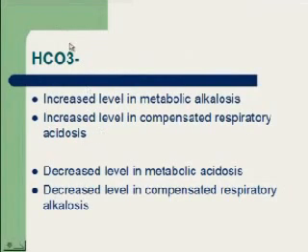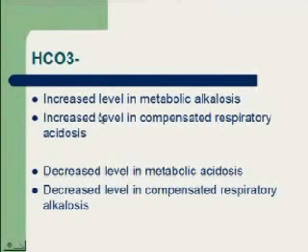Now, bicarbonate is increased in metabolic alkalosis. So pH levels that are elevated, in other words greater than 7.45, typically have high levels of bicarbonate. The increased level is compensated by respiratory acidosis.